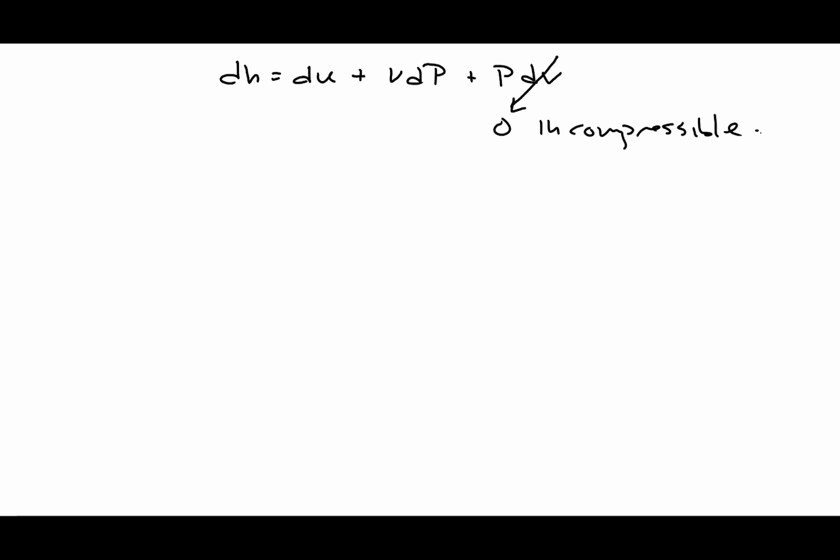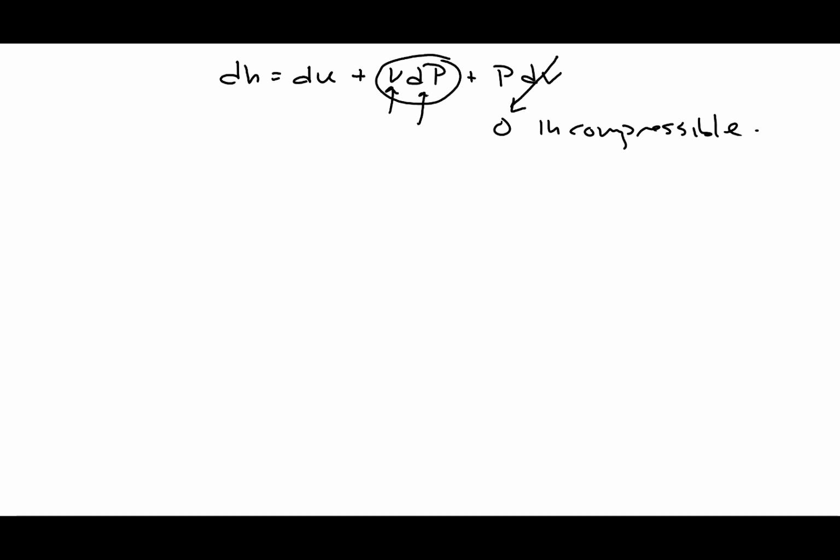Then we assumed that this term was 0 because the specific volume is generally small for solids and liquids. But we also assumed that this change in pressure was small. So basically we assumed a small to moderate change in pressure.